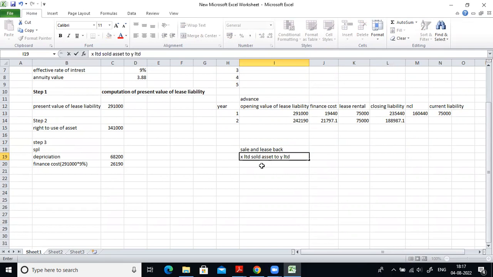Now we are assuming that the control is transferred to Y Limited, and the same asset is taken on lease basis. At that time, the carrying value of the asset, we'll assume it as 1 million. And they sold it to Y Limited with a fair value of 1.5 million.